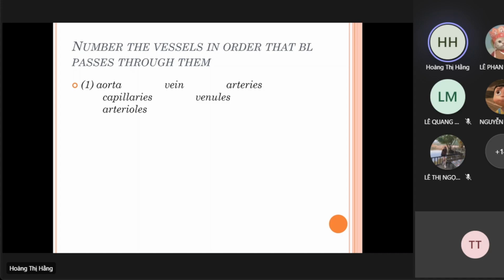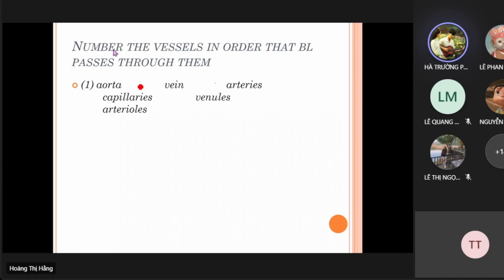Rồi, number the vessels in order that blood passes through them. Number 1 is aorta. Number 2 is, biết là câu này dễ nha, không có cộng điểm nha. Cô gọi luôn nè. Cô mời Trường Phú. Hi teacher, can you hear me? Number 2 is arteries.